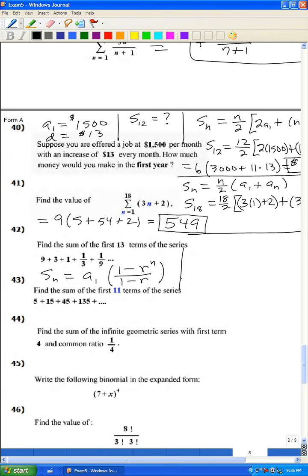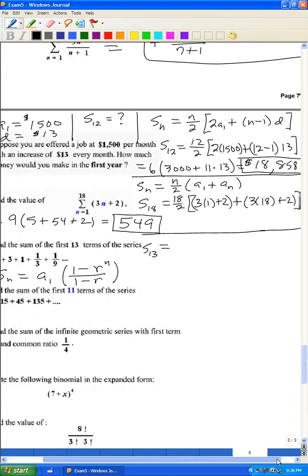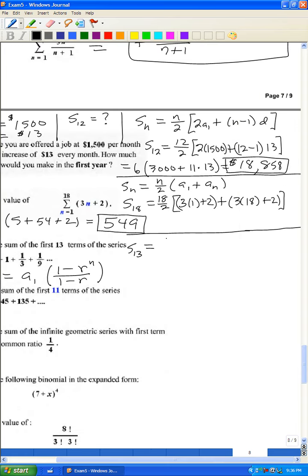And so this is going to equal, well, to sum the first 13 terms, the first term is 9. The common ratio is 1/3.